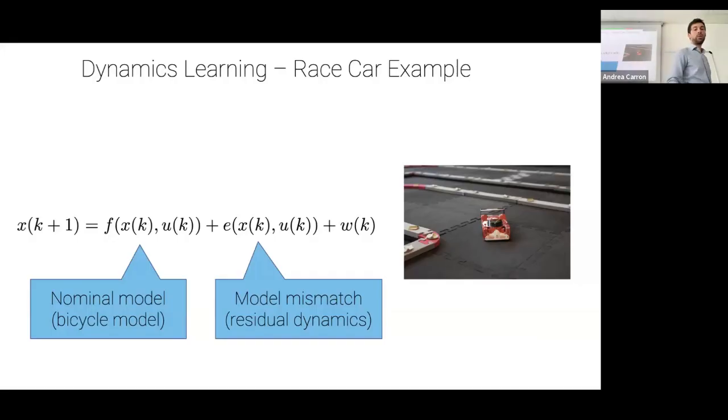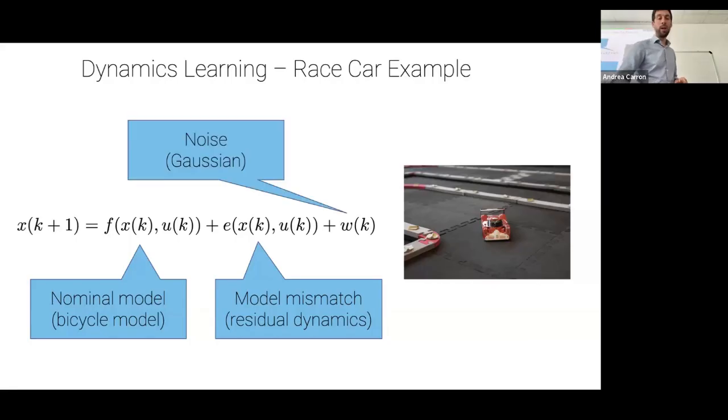And so the second term defined with e is the model mismatch, also sometimes called residual dynamics. And then on top of that, we might also have some process noise that we can assume, for example, is Gaussian noise. Now here, w plays the role of process noise. In a second, it will start playing the role of measurement noise, as you will see.